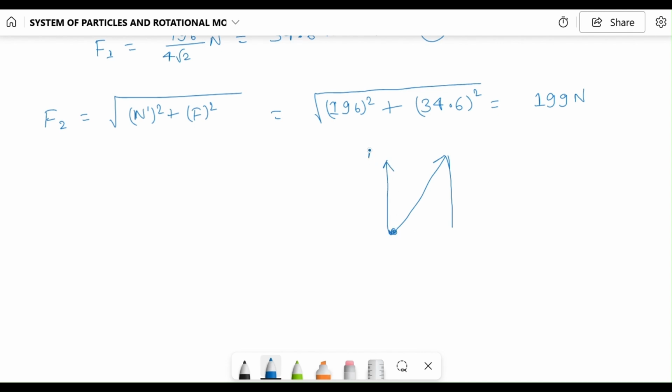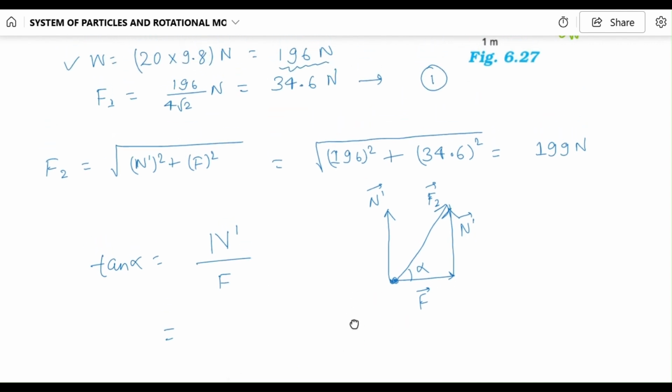Okay, excuse my drawing here. This is the F2 vector, and then this will be N prime, and this is F, that is friction, and this angle is alpha. So we can write easily that tan alpha will be the magnitude of this N prime vector, that is N prime, divided by the magnitude of this F vector. So what is N prime and what is F? This is easy now.